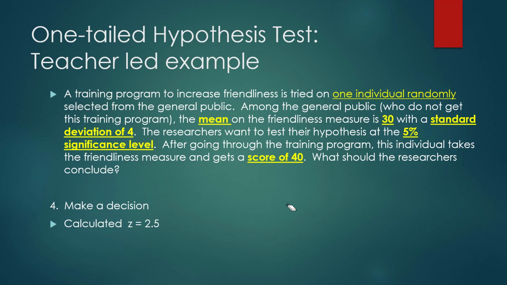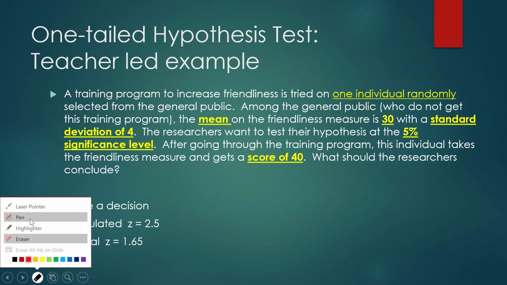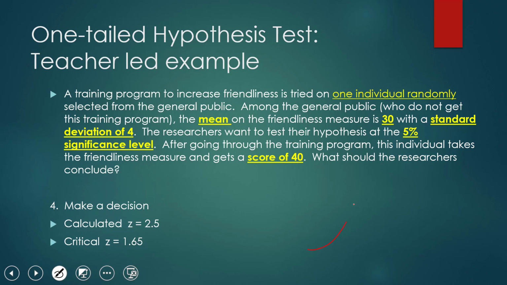So now we need to make a decision. We have our calculated z is 2.5, and our critical z is 1.65. Remember, we got that from our alpha level. So now we need to decide if we're going to reject the null or fail to reject the null. So if we think about making a diagram here, and again, this is our mean, and here's our critical z of 1.65, where does this value fall? Is it here in this critical region, or is it in here?